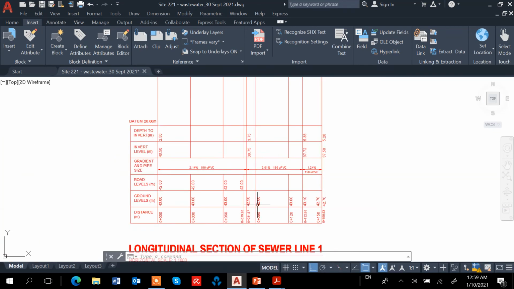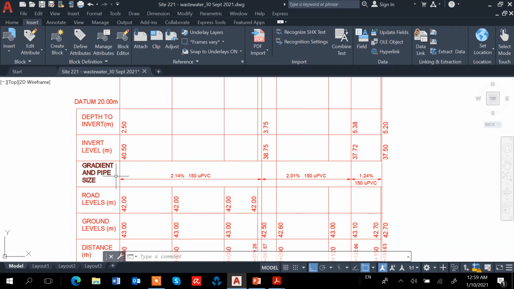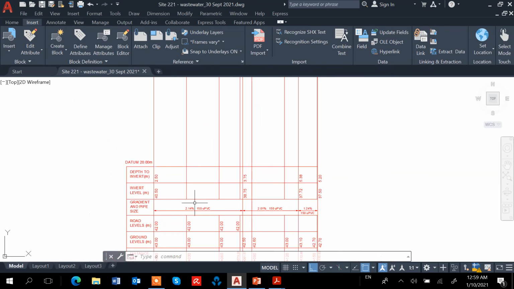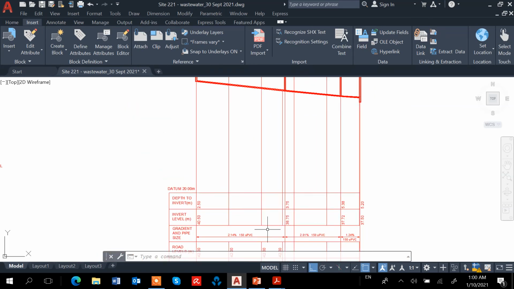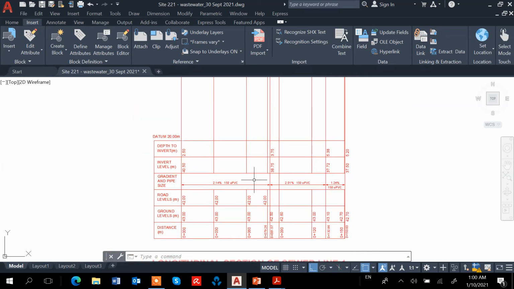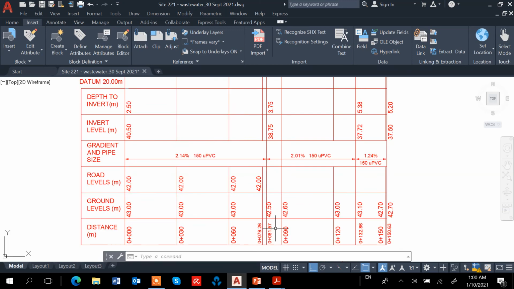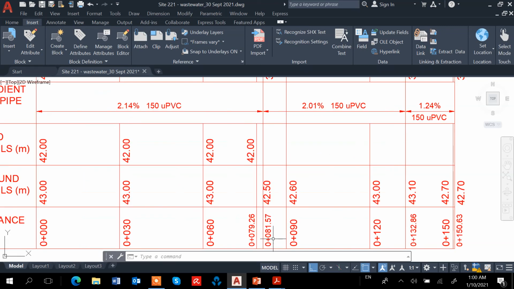This is for the long section, and then I need to label the gradient and the pipe size. So this one from here is 2.14%. The next one is 2.01%, and then 1.24%. So this thing is just, we know the distance is 81.57.